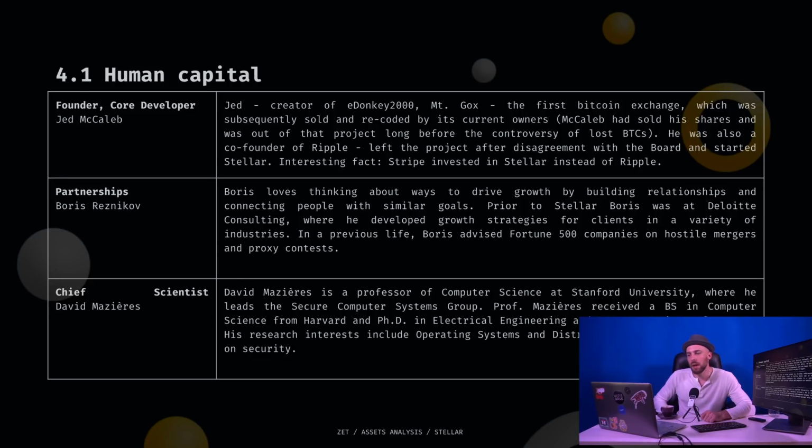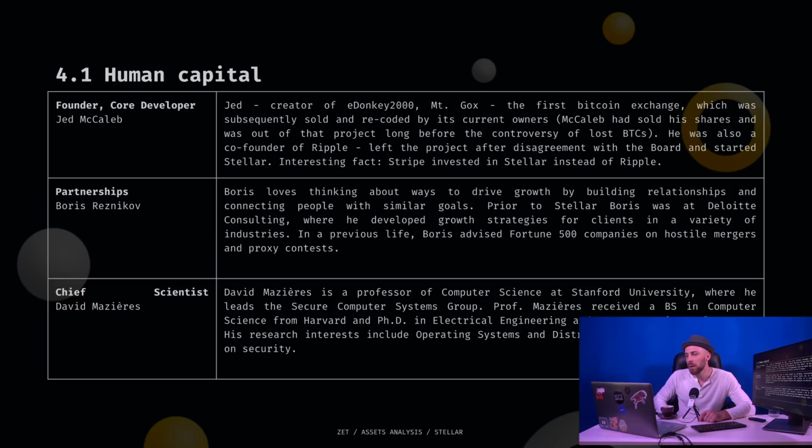So there are a couple of guys that have a good background in the financial sector and actually a good skill set. The guy who is in charge of partnerships, his name is Boris Reznikov. I believe he is from Russia or from the CIS region.